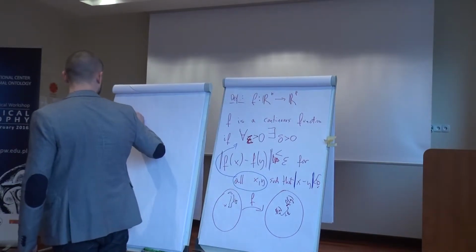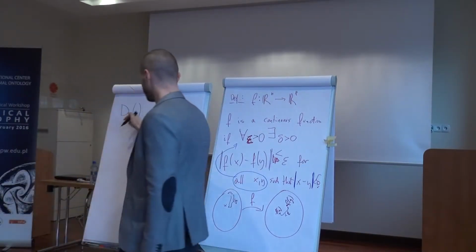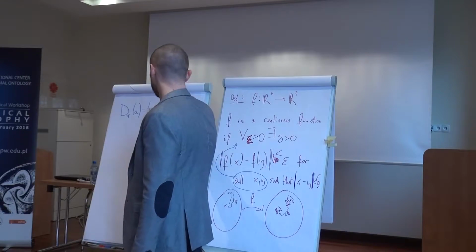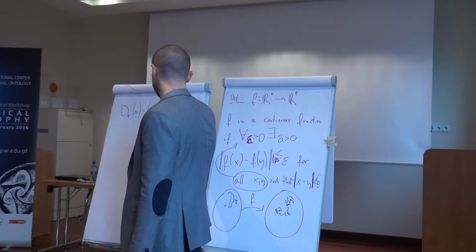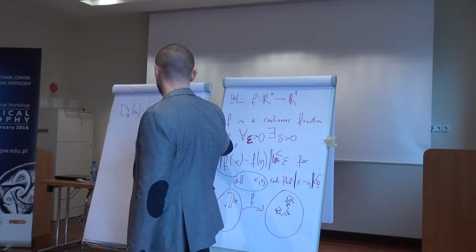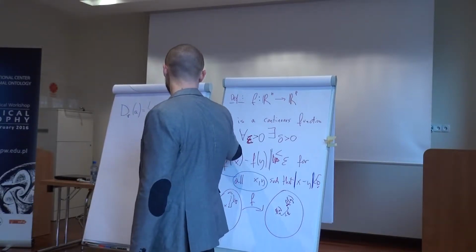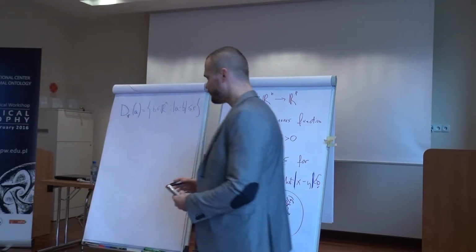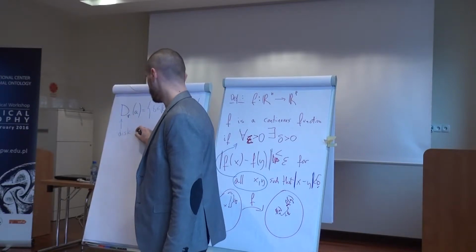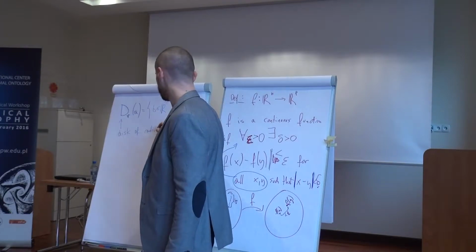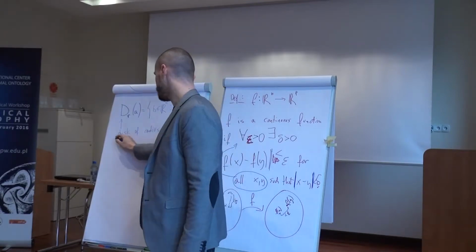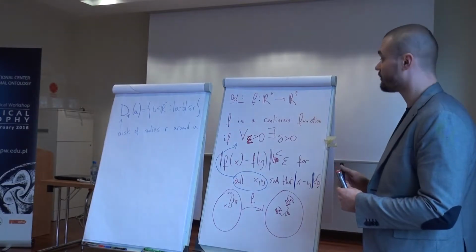We'll use the following notation: D, that's R, and it's A, and it means all elements B from the space such that the distance between A and B is less than or equal to R. Which means it is a disk, a disk of radius R around A. That's the typical notation in topology.